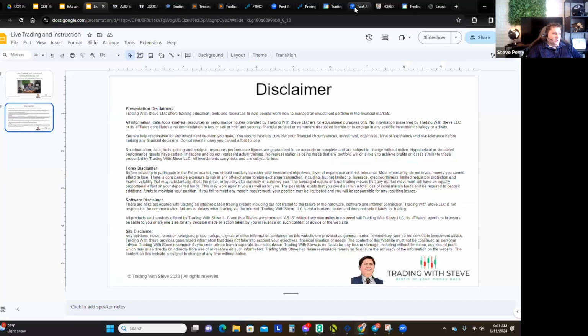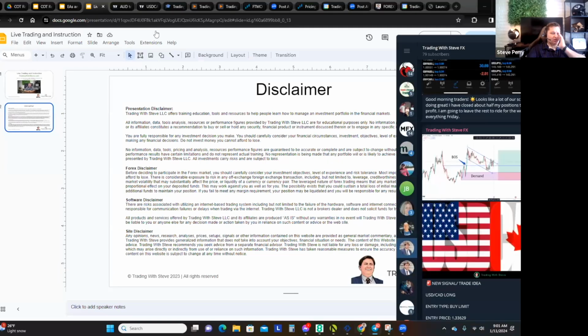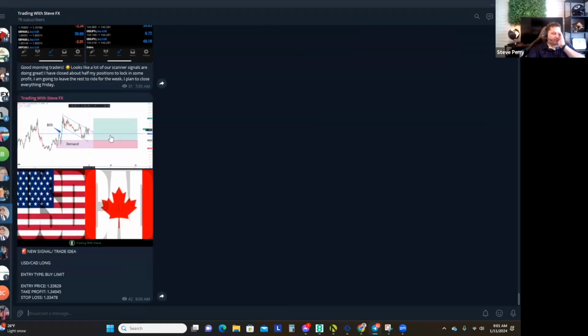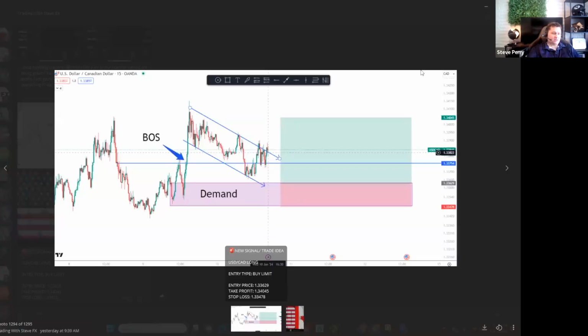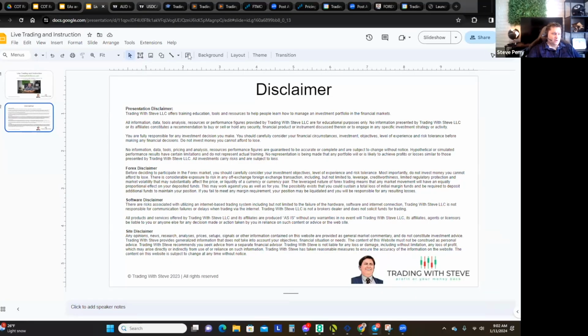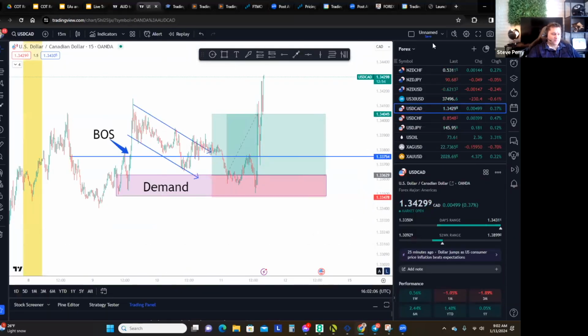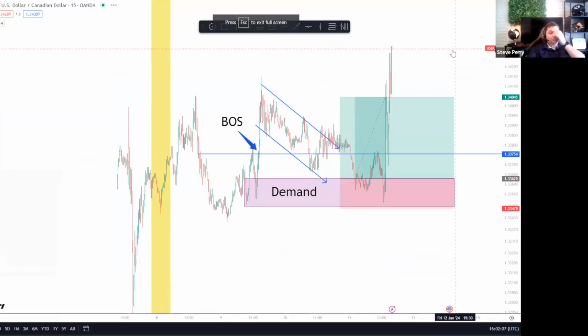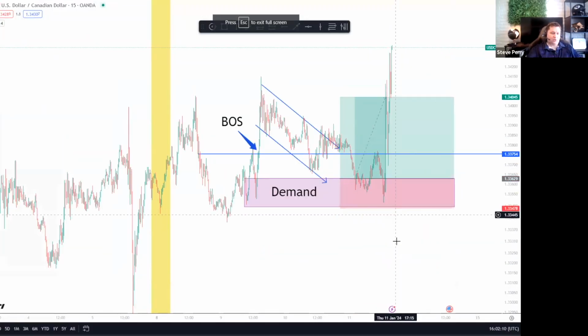All right, guys. First things first, maybe we'll look at the price action trade. This USD CAD trade worked out fantastically. This is a long position on the USD CAD. We posted this yesterday in the call and it pretty much did exactly what you'd wish it would do, right?